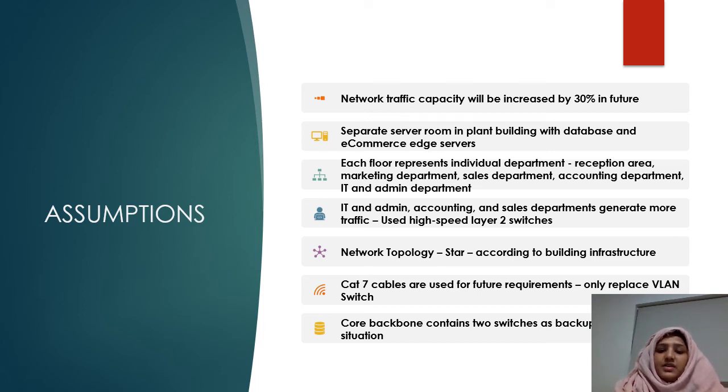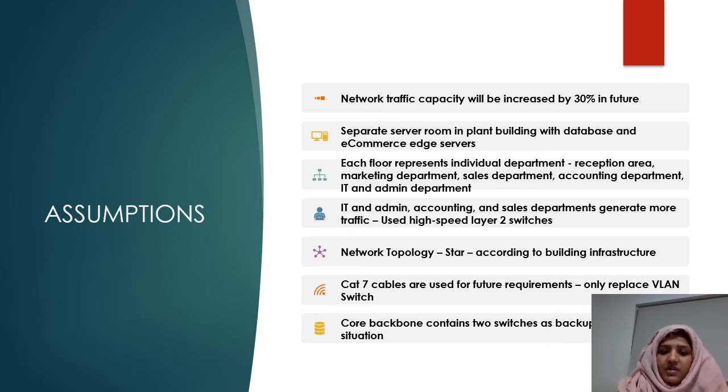Apart from that, in the plant building, you can see that there is a separate server room, which includes the database and e-commerce server. Next, as I mentioned earlier during the physical design, some of the departments require more traffic, and they generate more traffic based on the applications they are using, such as IT and admin, accounting and sales departments.